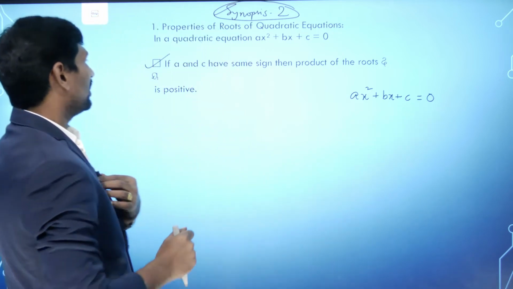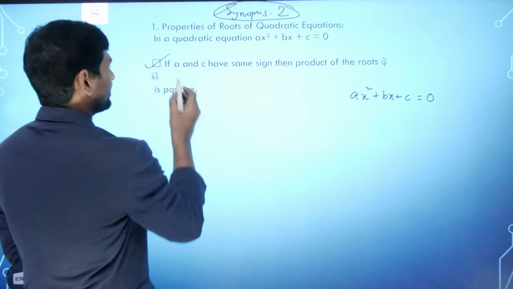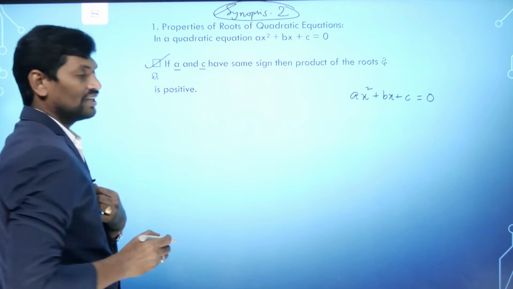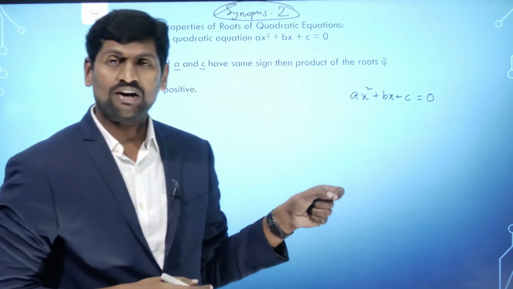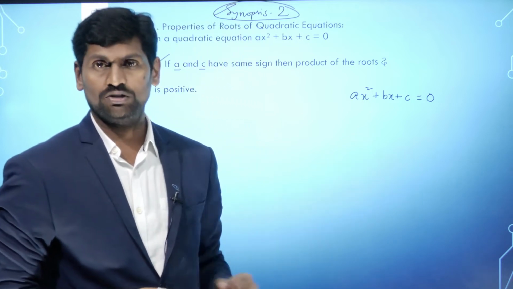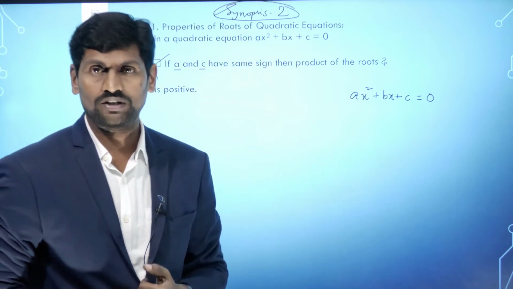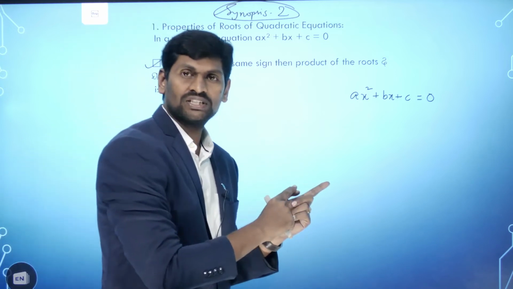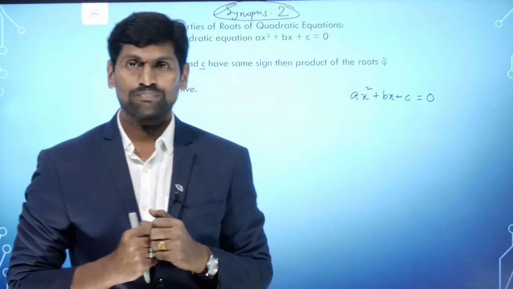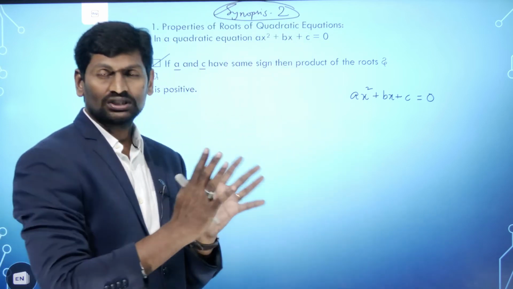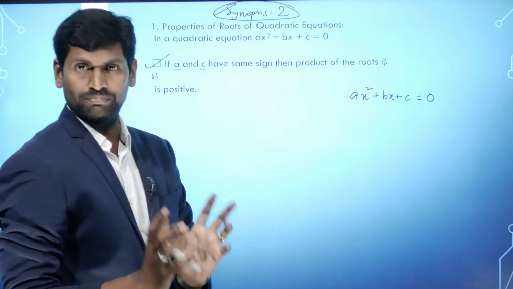Now see, if A and C have the same sign, that means if A value is positive, we have to take C value also positive, a positive integer, positive rational number, whatever. Same way, if A value is a negative integer, we have to take C value also a negative integer. Clear? Both must be the same sign.